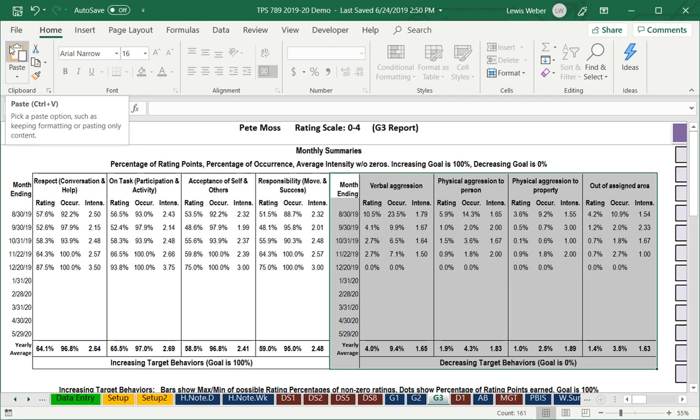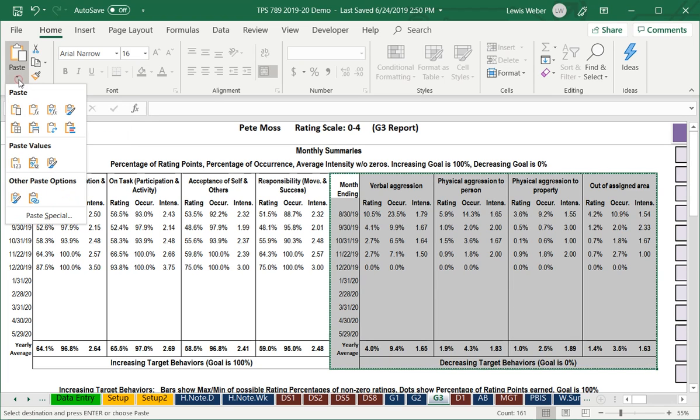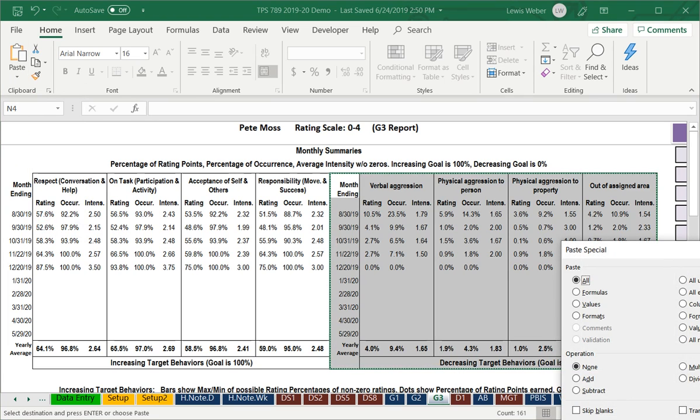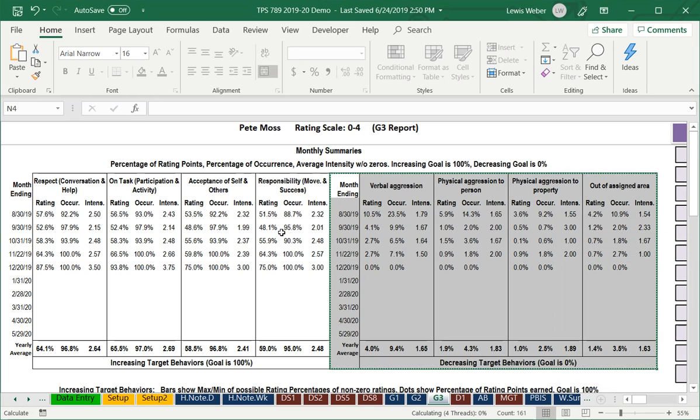Now I'm going to go ahead and copy it, and let's make believe I was in Word. I would paste, and in this case, I would paste as a picture in Word. So that's something that's important to know.